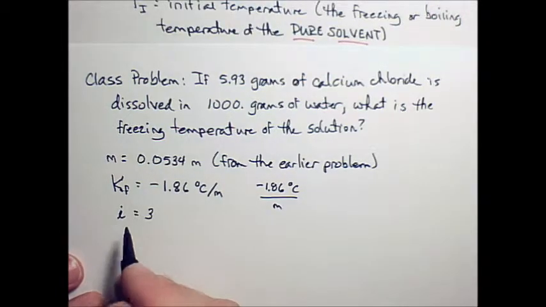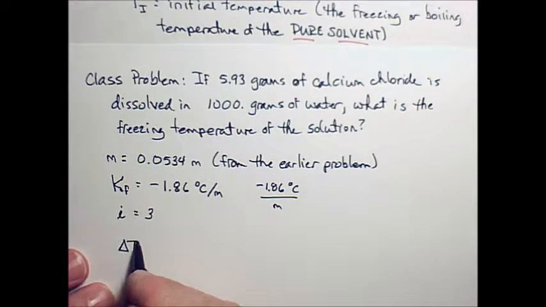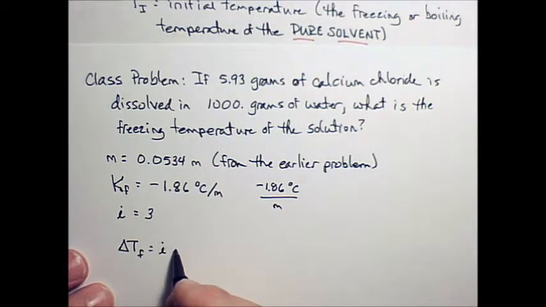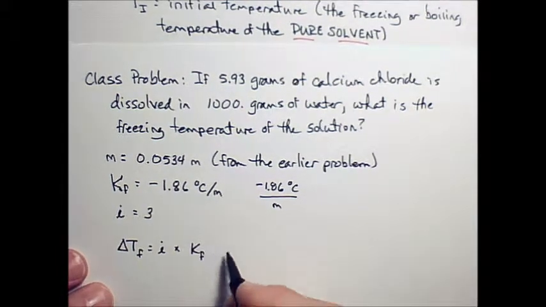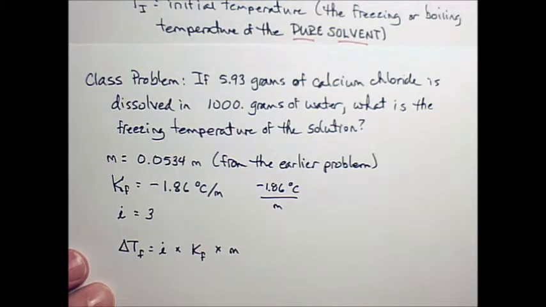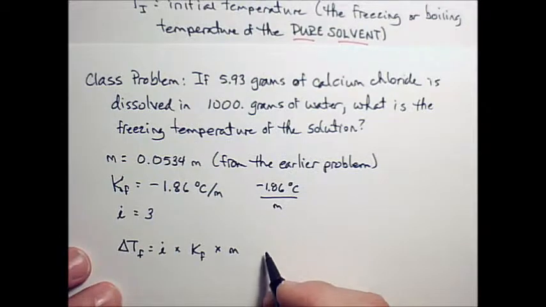So we're at least ready to put this into this equation. Delta T for freezing is equal to I times K sub F times molality, or molal concentration.